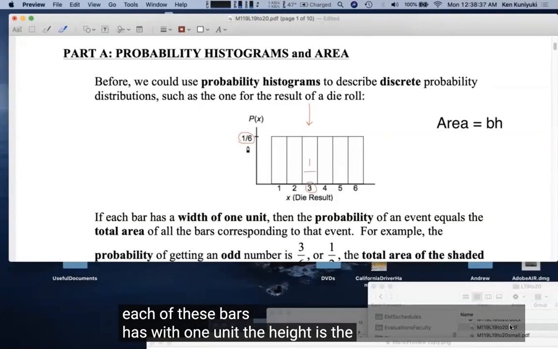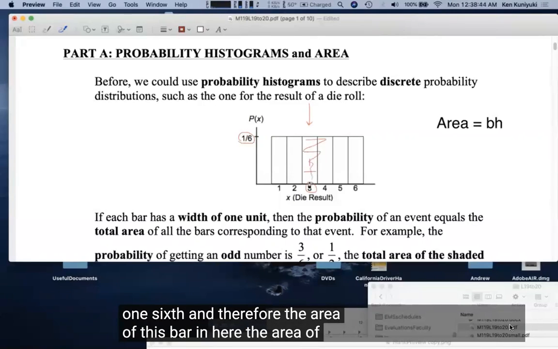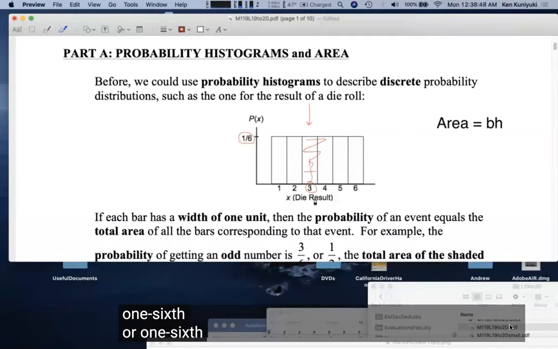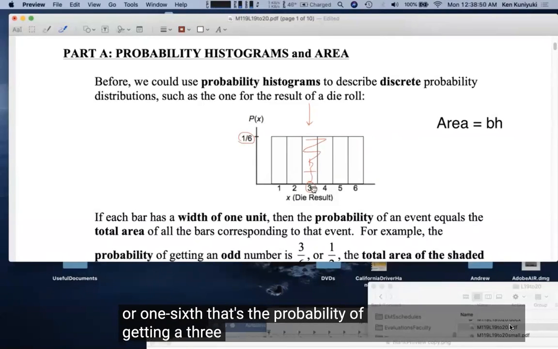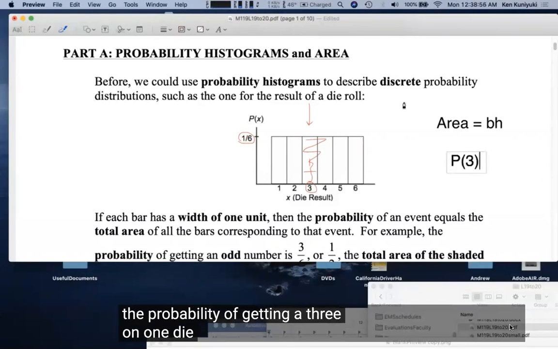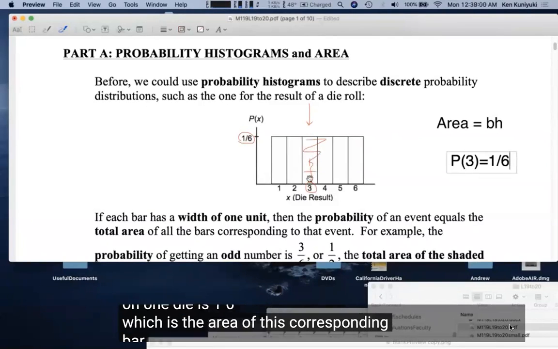The height is the probability, 1/6. And therefore, the area of the bar inside here is going to be 1 times 1/6, or 1/6. That's the probability of getting a 3. The probability of getting a 3 on one die is 1/6, which is the area of this corresponding bar.